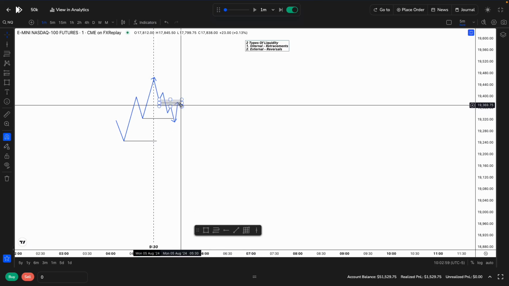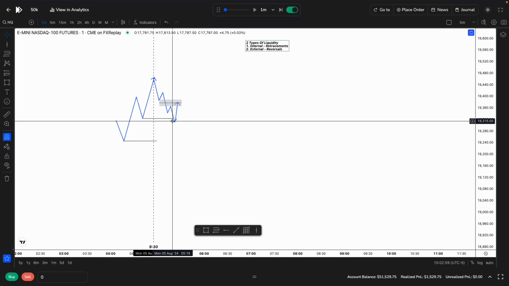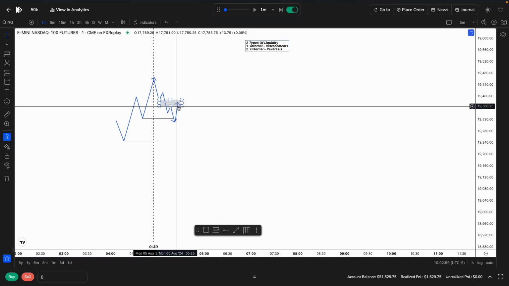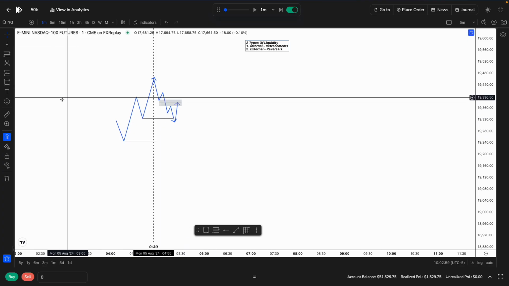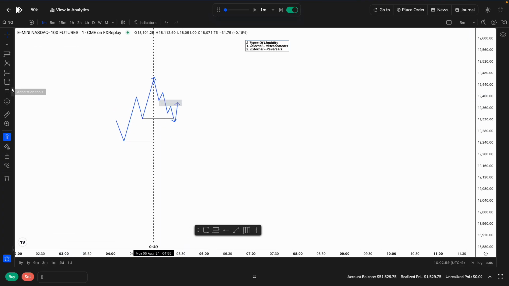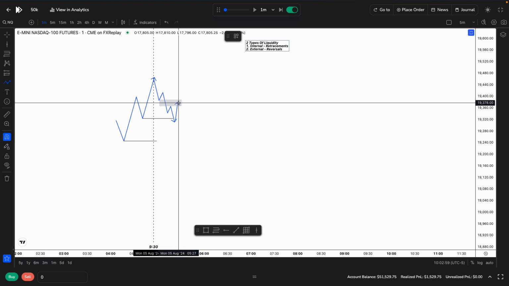Use it as a retrace into here. So we could have a bullish bias until we get to here, and then as soon as we're in there, we could have a low risk sell.